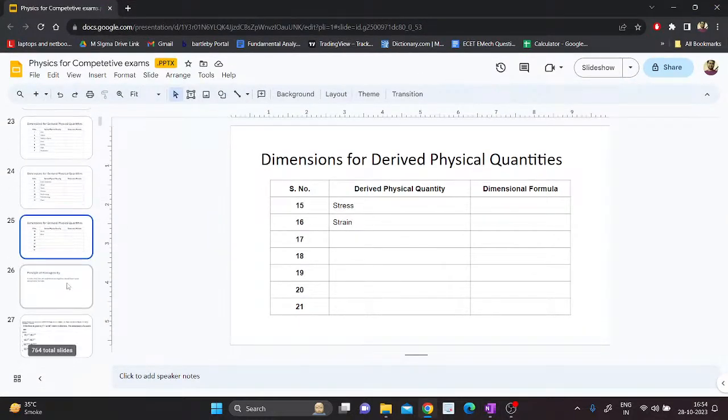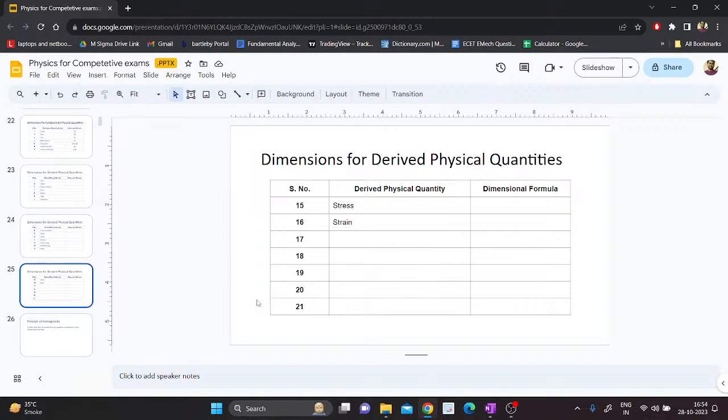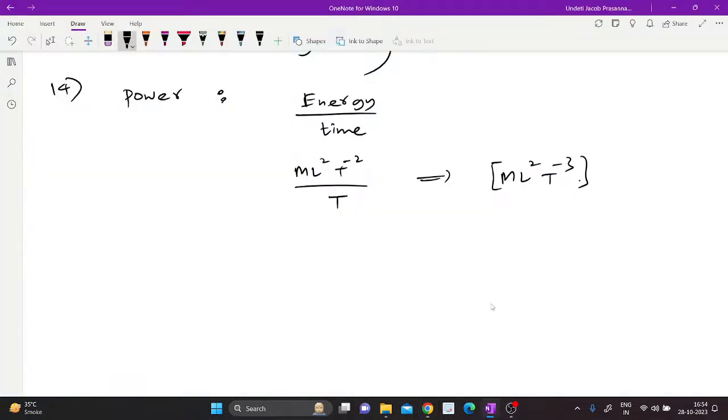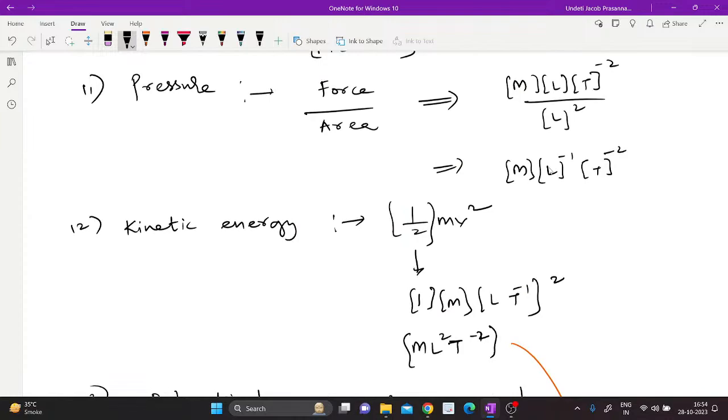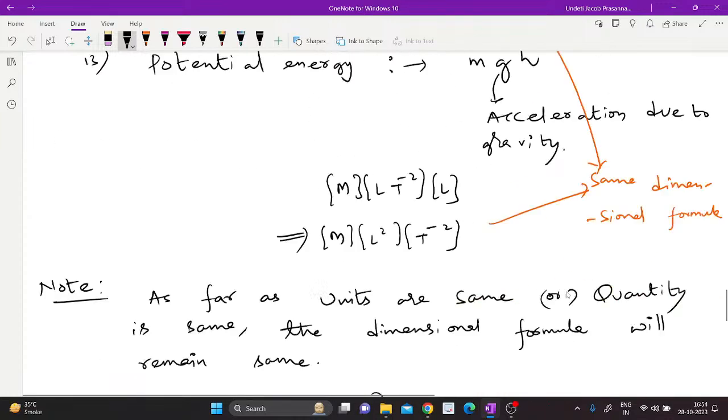So let's discuss these last two slides, 25 and 26, and that completes our concepts for today's class. Stress and strain. So stress basically is force per area. Already we discussed for pressure, force per area. So M L power of minus 1 T power of minus 2.